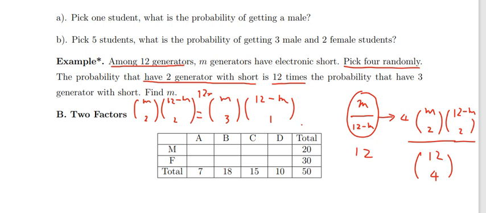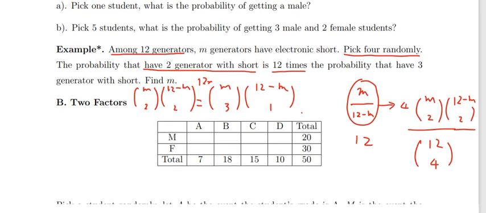For 2 factors, a typical simple example is we split all students into 2 parts, male and female. We split by 2 factors, male and female, and we can also split by their grades A, B, C, D, right?